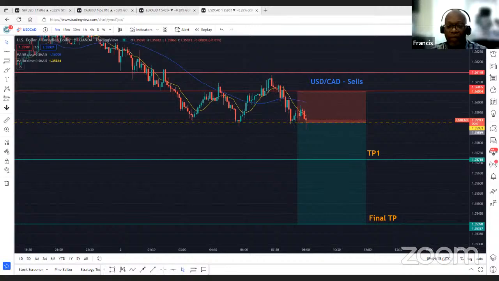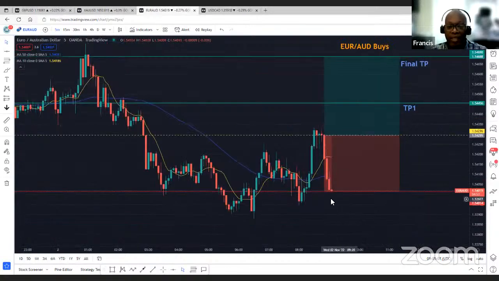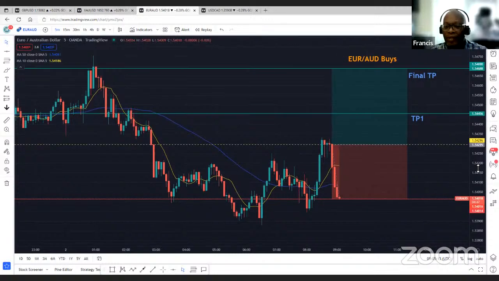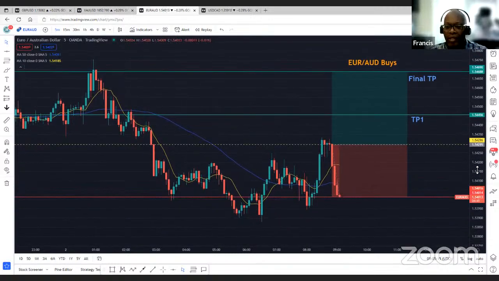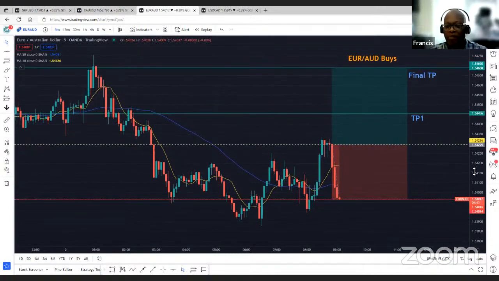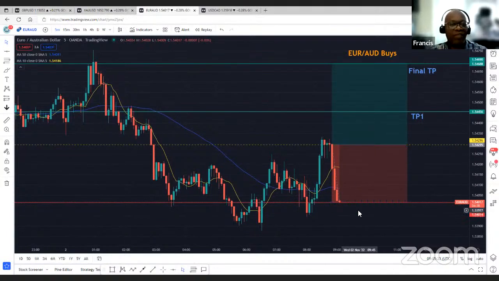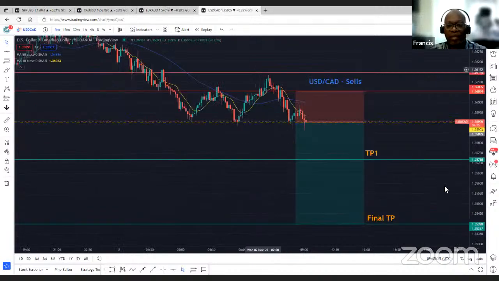Okay, so we are out of that one, I think. Yeah, we are definitely out of this one now. Depending on the spread of your broker, but most of us, I believe, will be out of this Euro Aussie dollar by now.